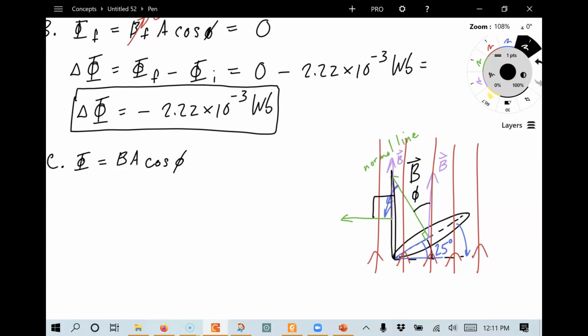And if we put that into the equation, phi equals B A cosine of 90 degrees. Cosine of 90 degrees is 0. So we want to set that angle, as we just saw, phi equals 90 degrees for the flux to be equal to 0.